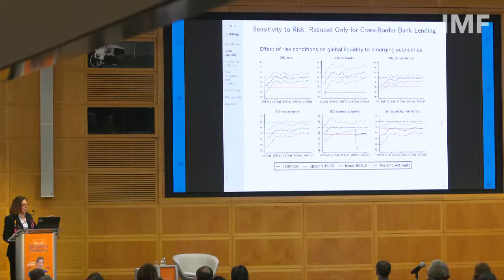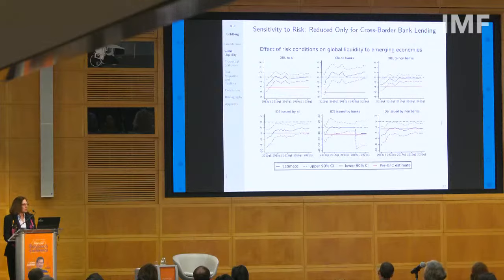So those are the horizontal orange lines. The blue lines are the post-global financial crisis sensitivities that are computed by sequentially adding quarterly observations. And these blue lines are surrounded by a 90% confidence interval at each date.